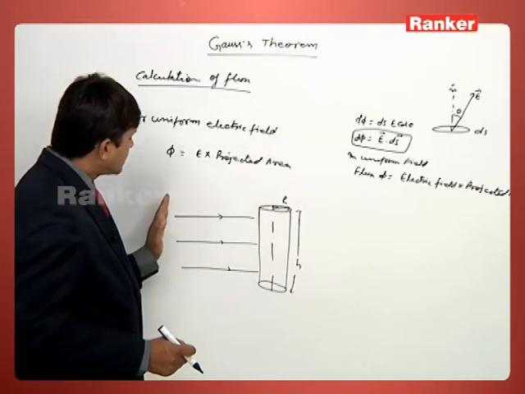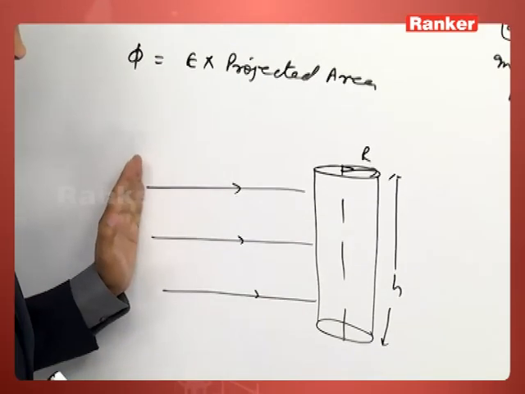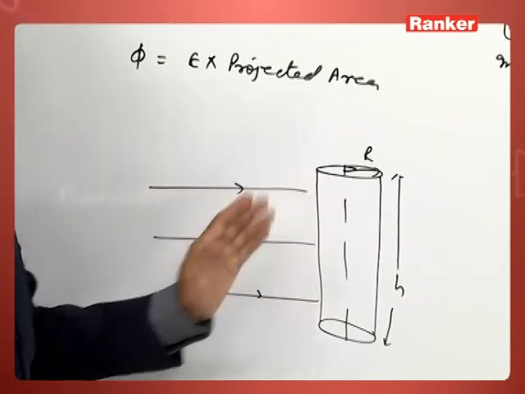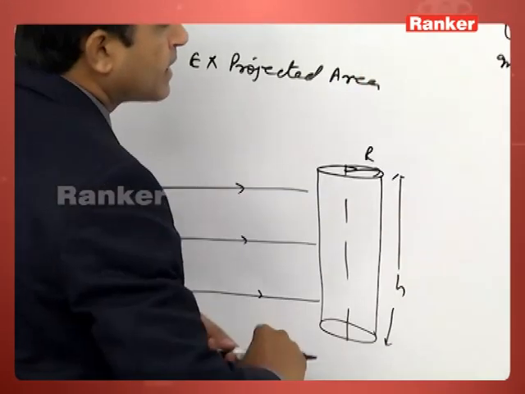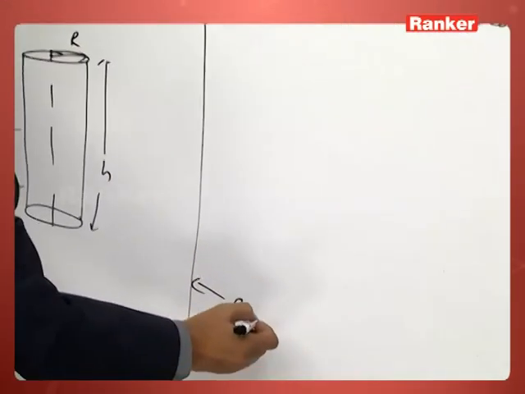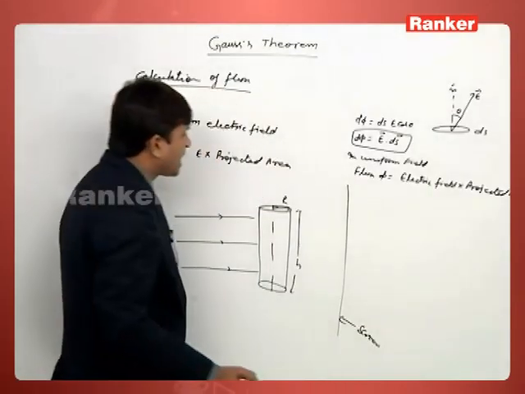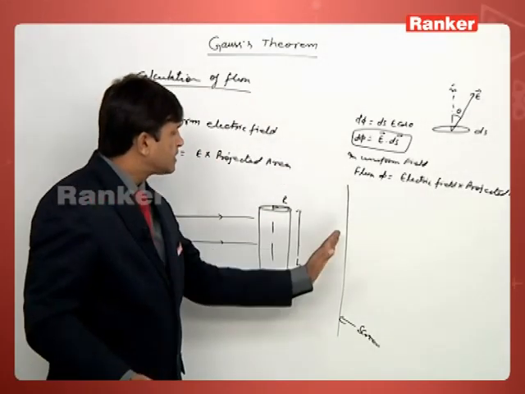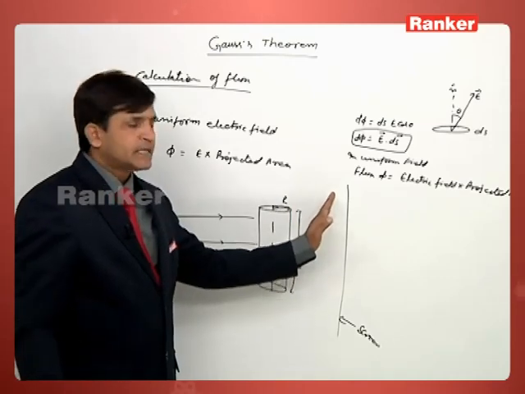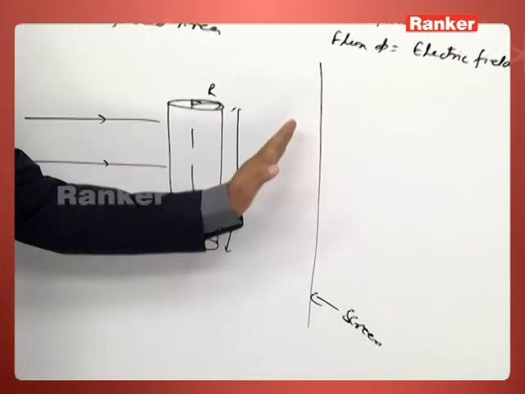Assume a light beam in place of electric field. Let the light beam come from this side, and let this be your screen. Which shape will we get on the screen? That shape will give you the projected area.